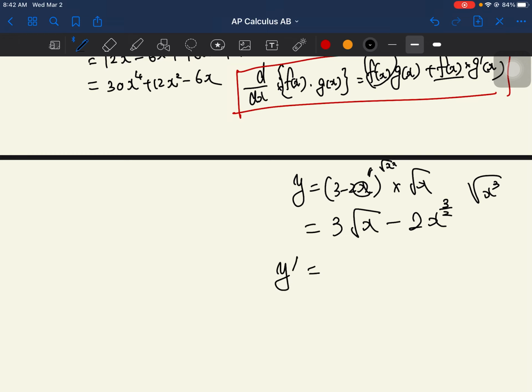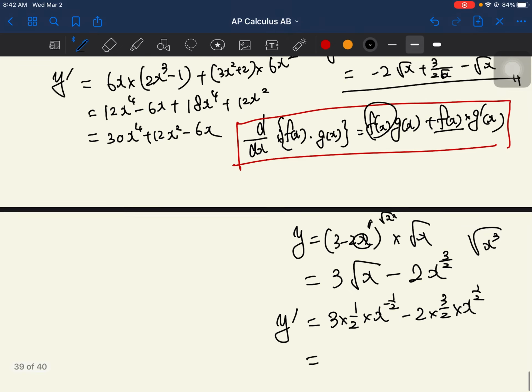Yeah, so it's going to be like this. And the y prime of this one is 3 times 1 over 2 times x to the power of negative 1 over 2, and negative 2 times 3 over 2 times x to the power of 1 over 2.